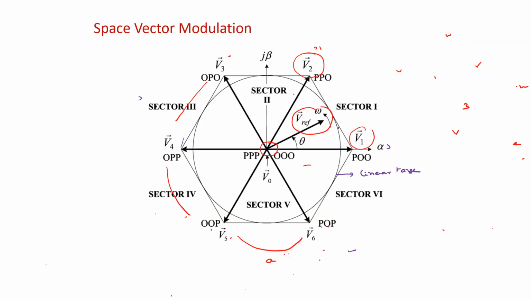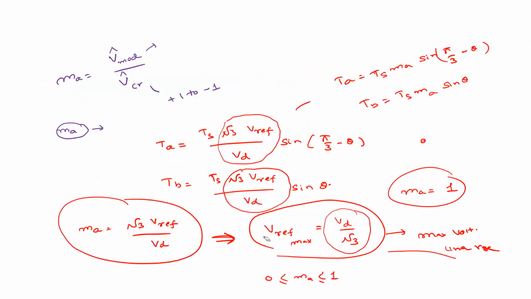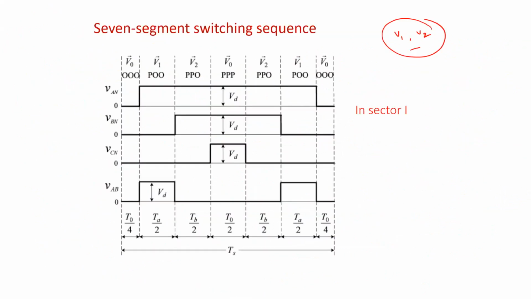So up to this point, the methodology is the same. From here onwards, there are thousands of approaches, the ultimate objective being to reduce the switching losses. One commonly used one is the 7-segment switching sequence.